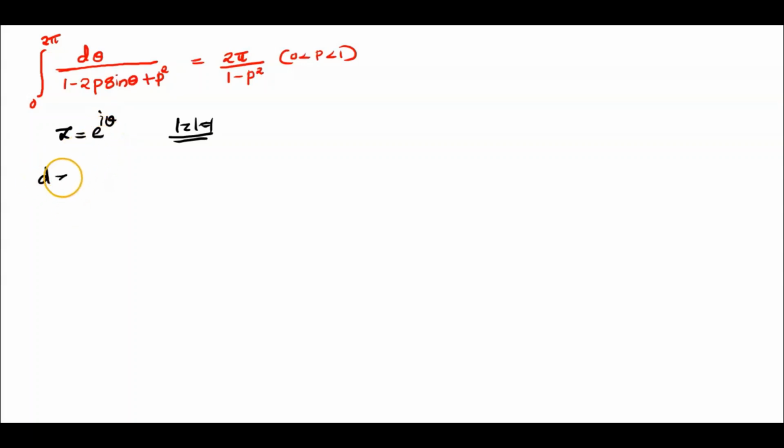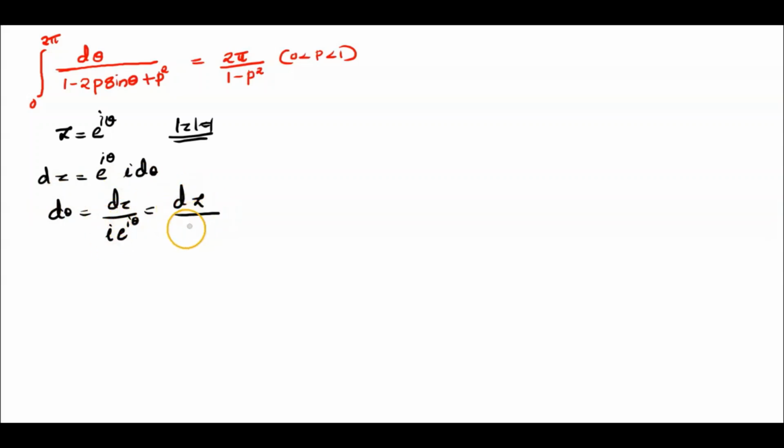And dz is equal to e raised to i theta i d theta, integrating the derivative of this function, that is i d theta. So d theta is equal to dz divided by i e raised to i theta.